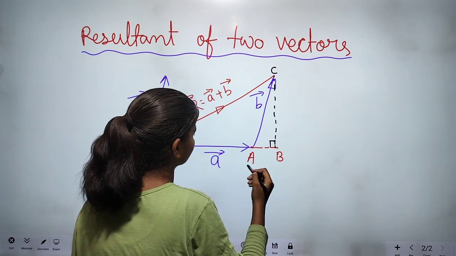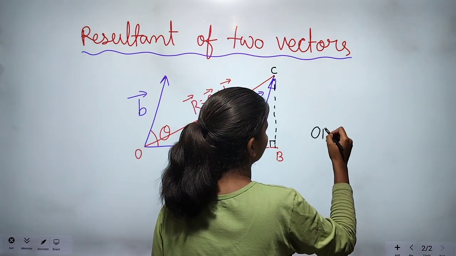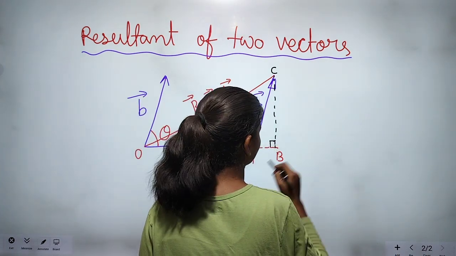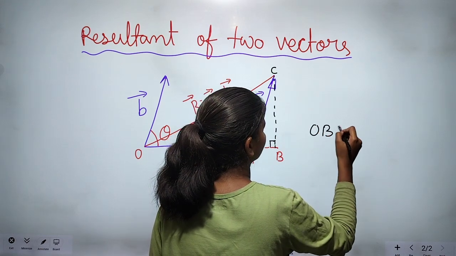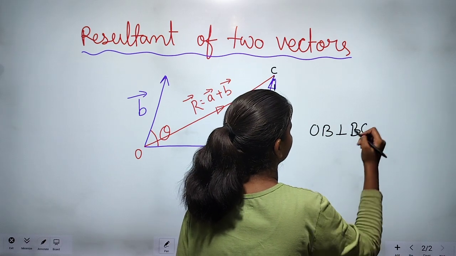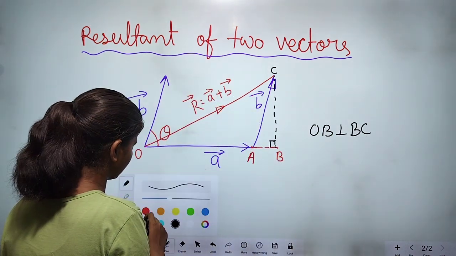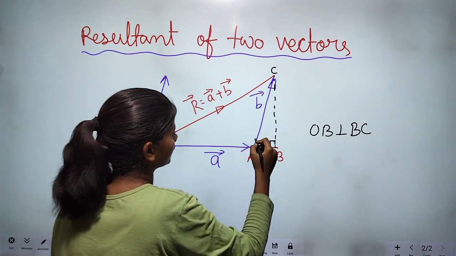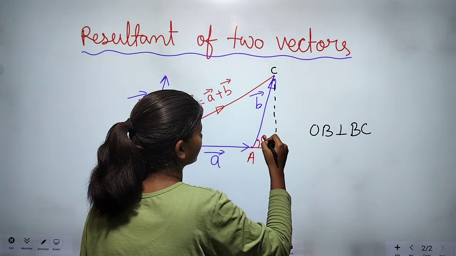Draw perpendicular OB perpendicular BC. Now here this angle is also our theta, corresponding angle.